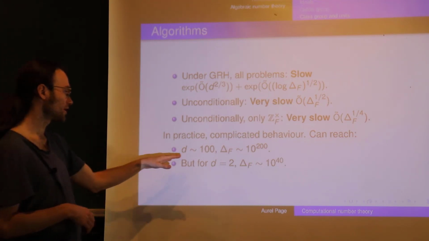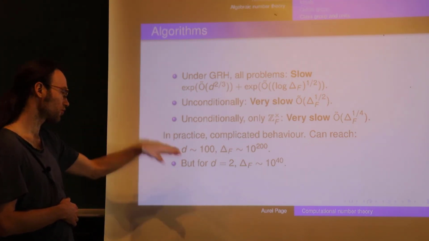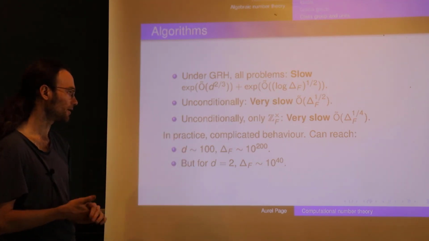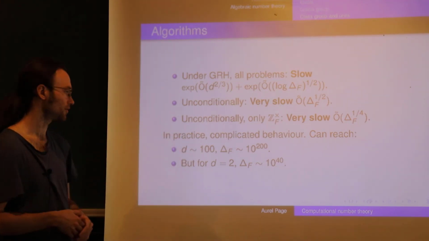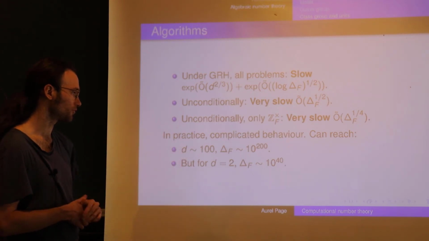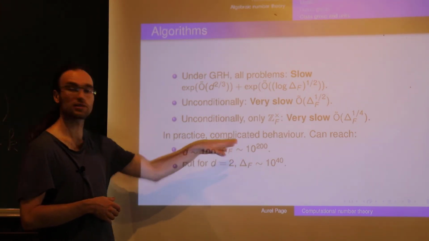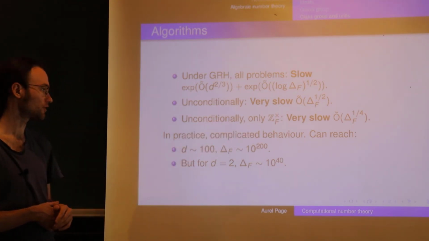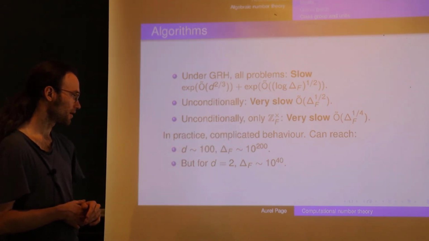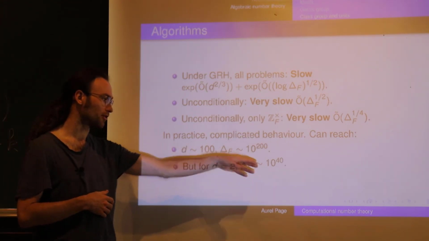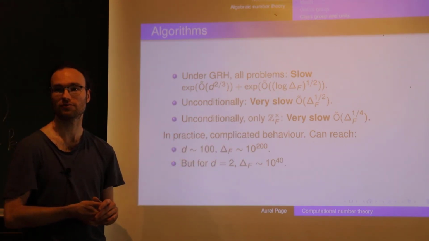So for instance, you can expect to be able to go up to degree about 100 for general fields. After that, you probably won't be able to do the computation. And then the discriminants will be, as an order of magnitude, maybe 10 to the 200, for instance. On the other hand, for small degrees, you will be stuck a bit earlier in the discriminant.